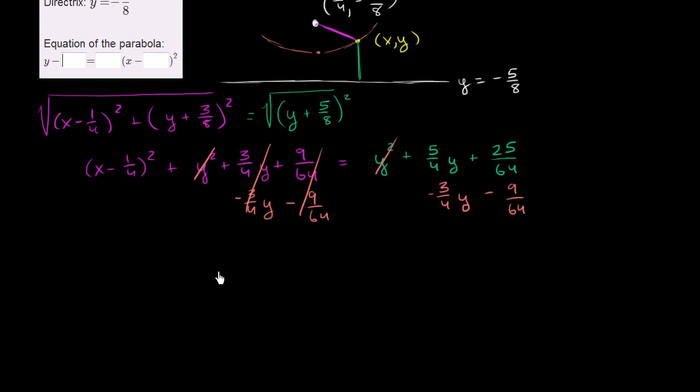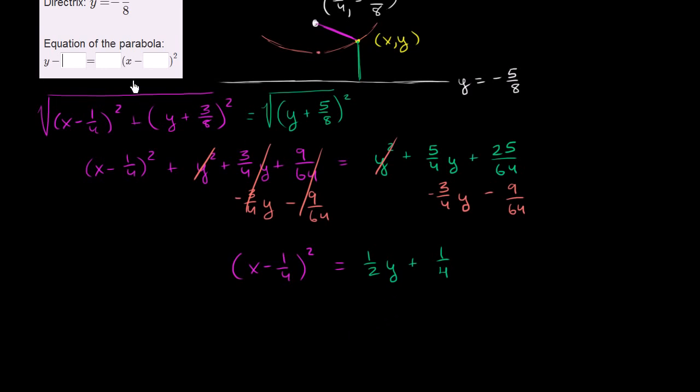Our left-hand side is just going to simplify to x minus 1/4 squared. And that's going to be equal to, let's see, 5/4 minus 3/4 is 2/4, which is the same thing as 1/2 y. And then 25/64 minus 9/64 is 16/64, which is just the same thing as 1/4. So it's going to be plus 1/4 there.